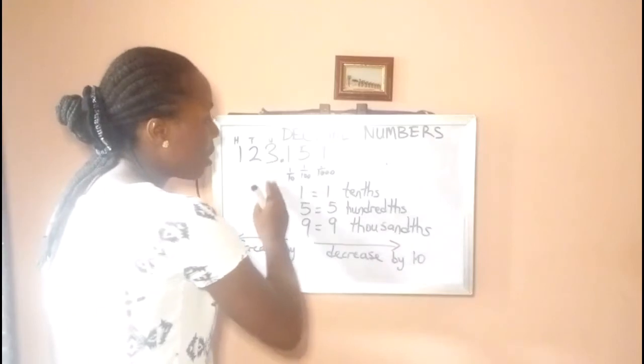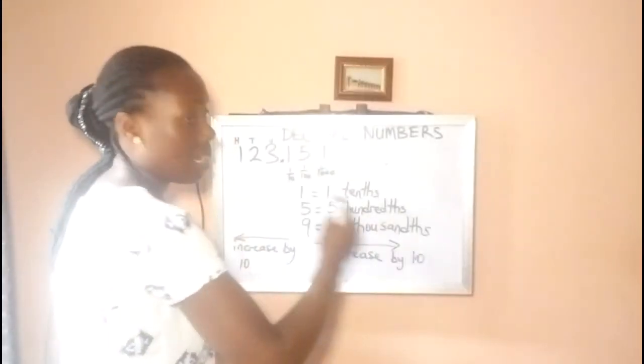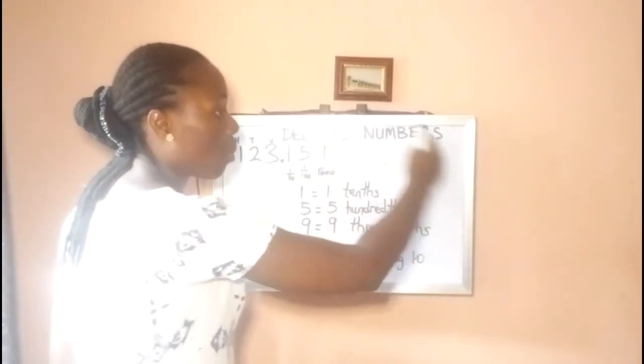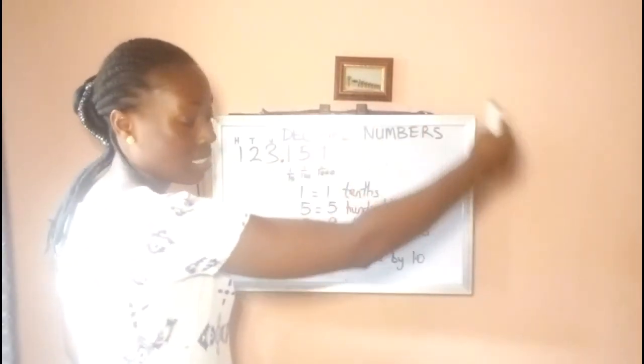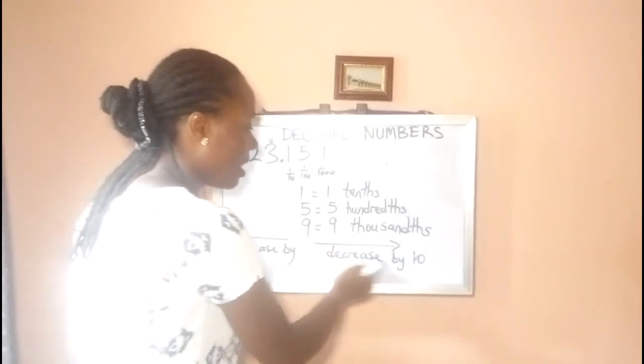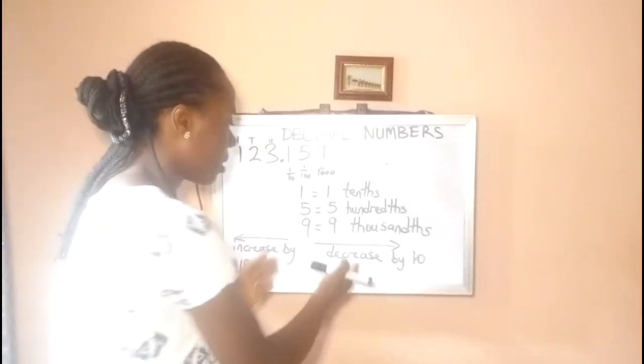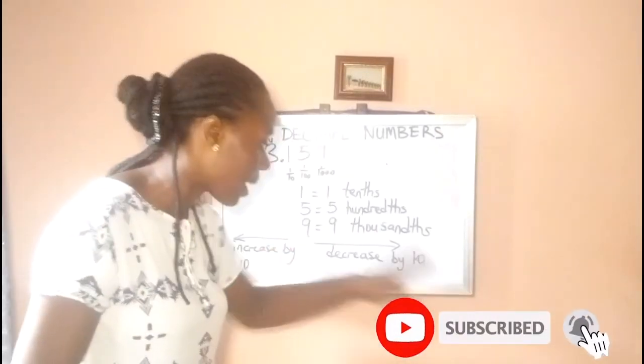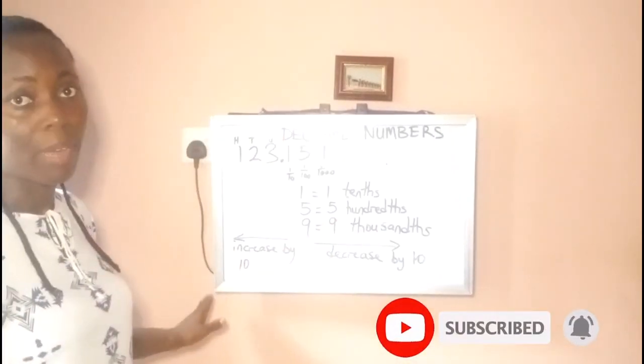But moving towards this way, they are decreasing. As the numbers after the decimal point move towards the right, they are decreasing. And how are they changing? This is increasing by 10, and this is decreasing by 10.